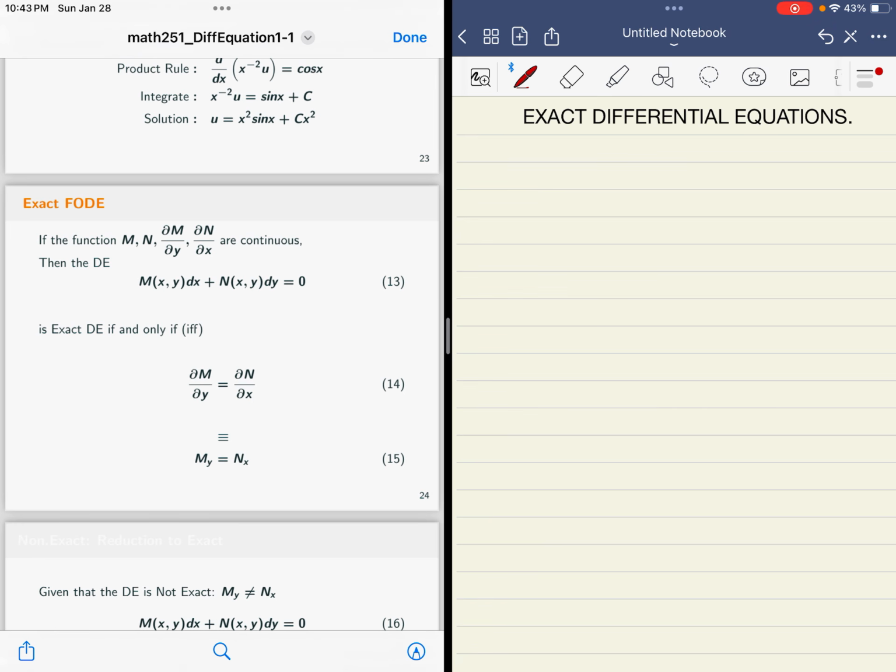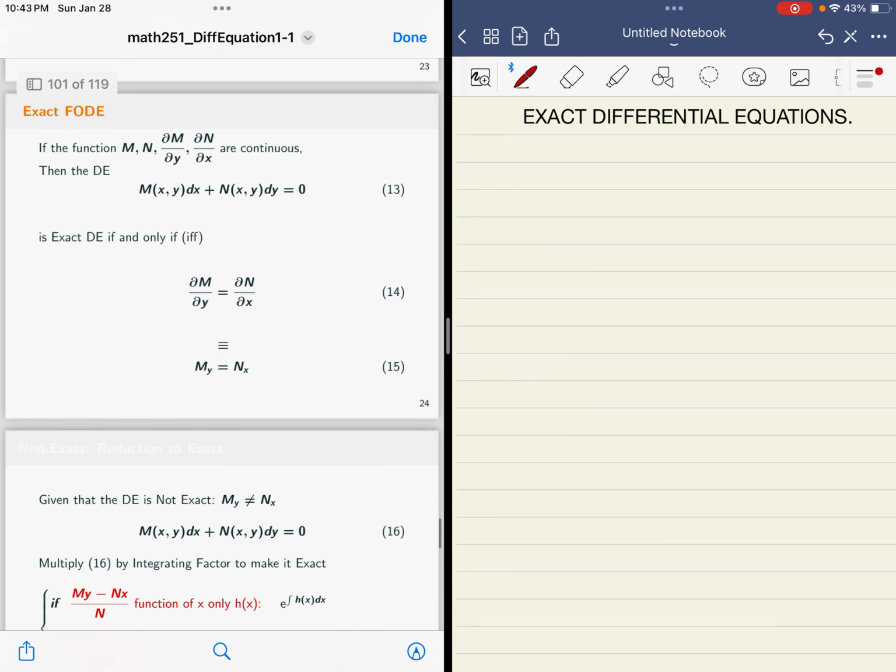So this is just going to be a short video that you can refer to, study it, and use it to learn about this kind of differential equations. So first off, we know what a differential equation is, and we know what a first order differential equation is.